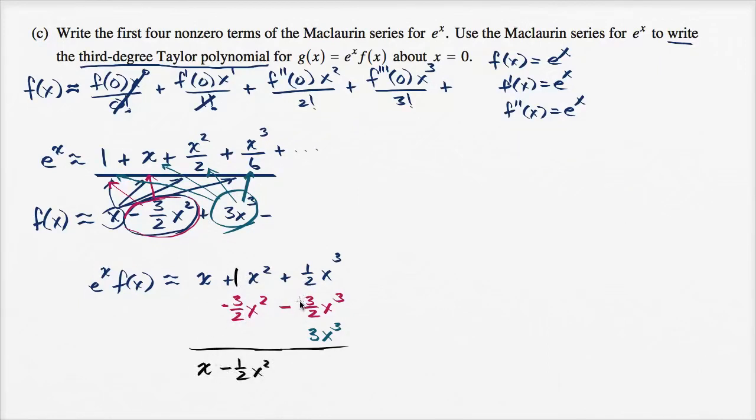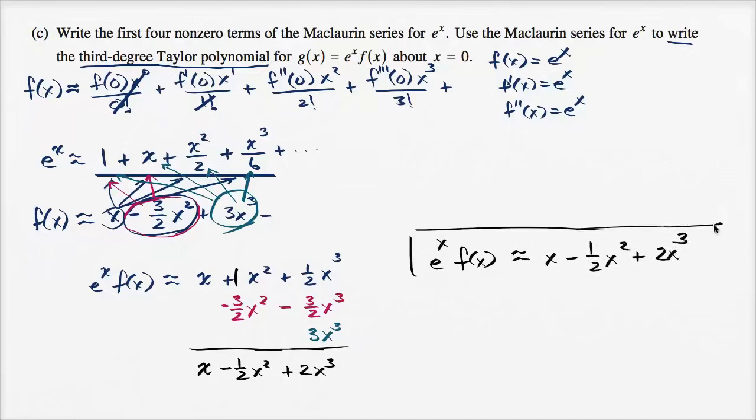And here you have plus 1/2 minus 1.5, which would give you negative 1, plus 3 is positive 2, plus 2x to the third power. So we could say e to the x times f of x, the third degree Taylor polynomial for this, is x minus 1/2 x squared plus 2x to the third power.